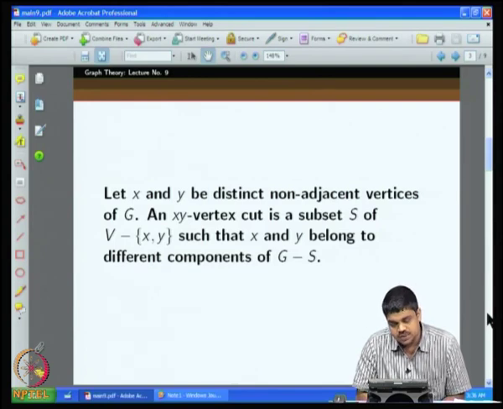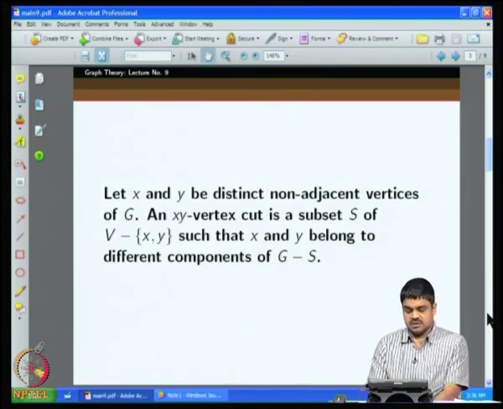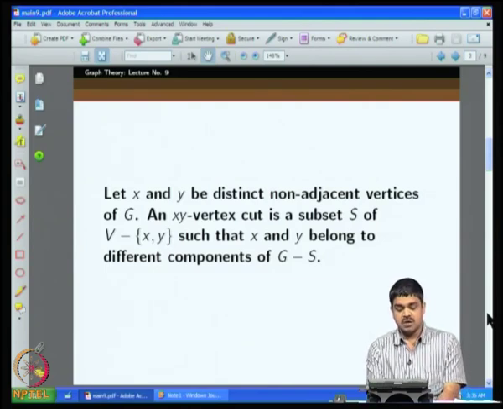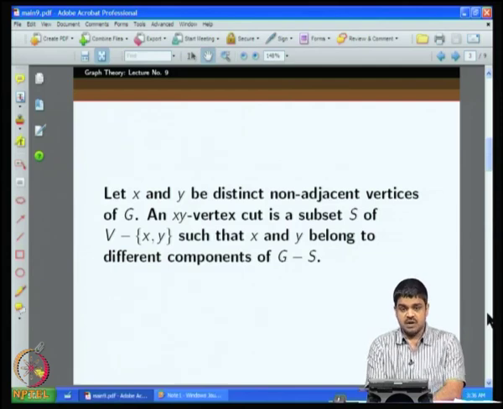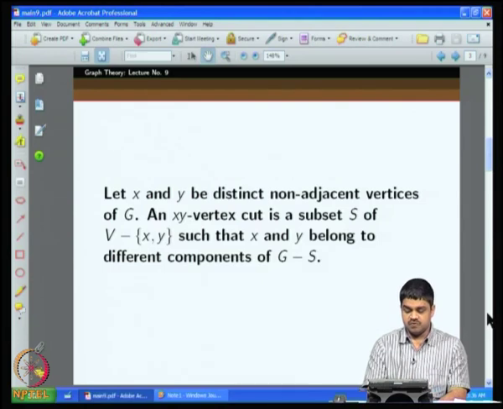Then ask what is the minimum number of vertices you have to remove to do that. Such a collection of vertices, by removing which we have x in one of the components of G minus S, and y in another component, right.